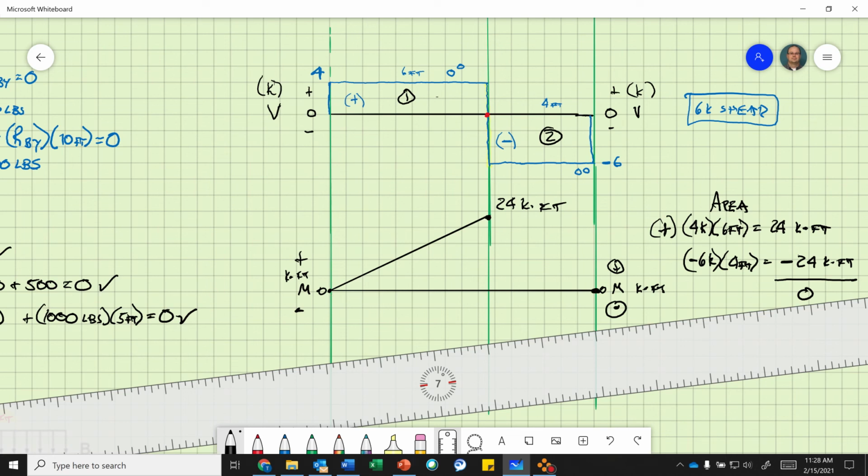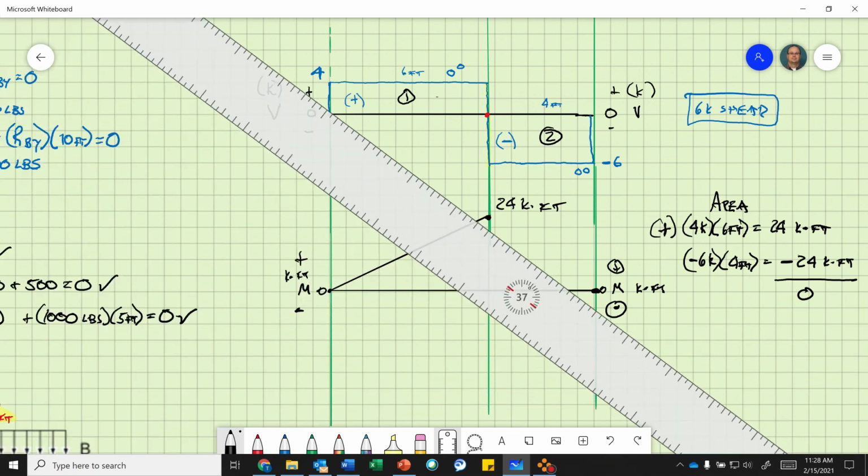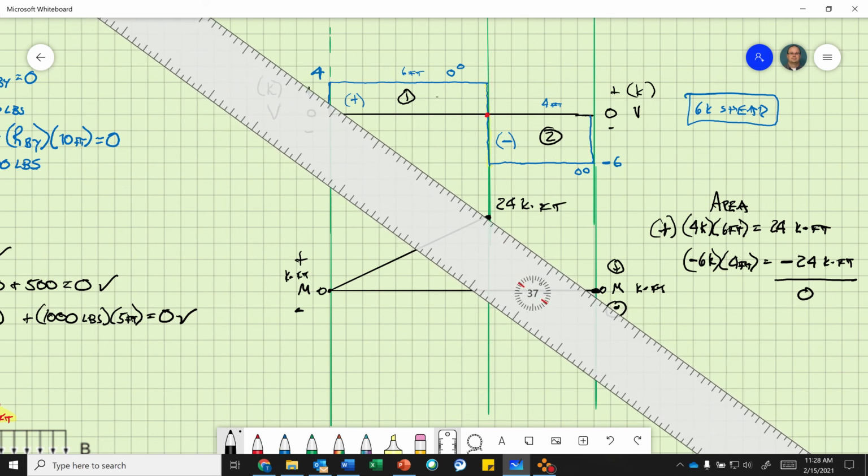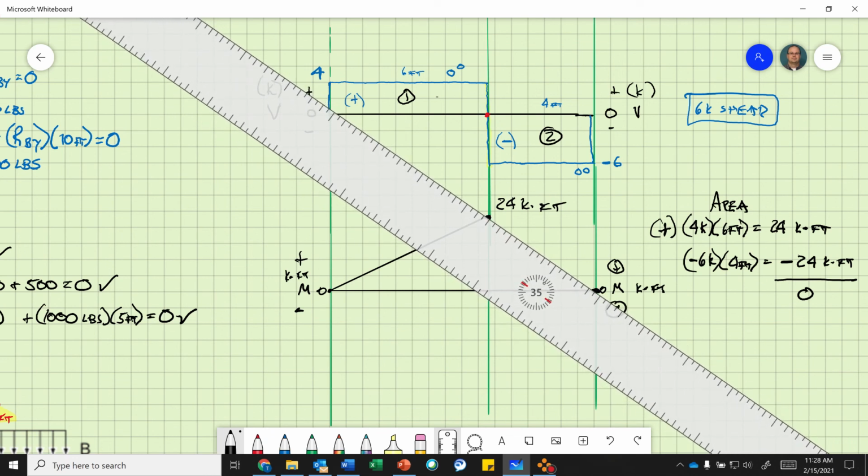So now from this point, I know it starts at 24 kip feet and it drops down to 0 because I'm taking 24 kip feet plus this area 2, which is a negative area, and that's why it goes down to 0. So this is a 0 degree, so this also has to be a 1 degree. So, and then I go like this, and there we go.